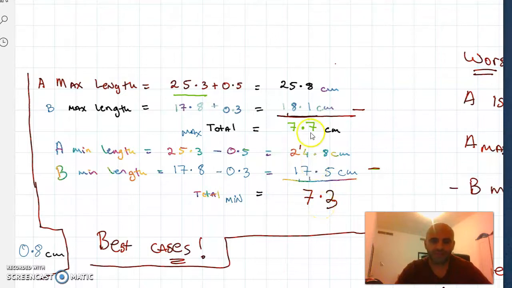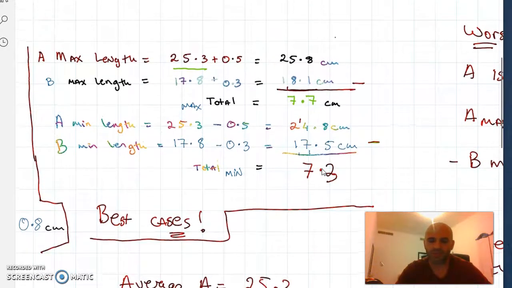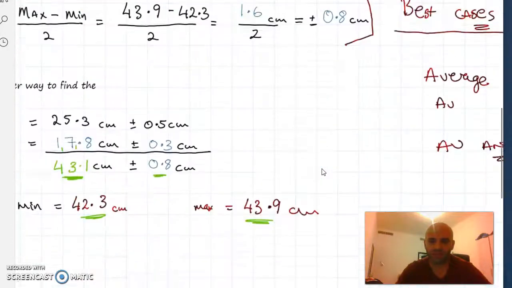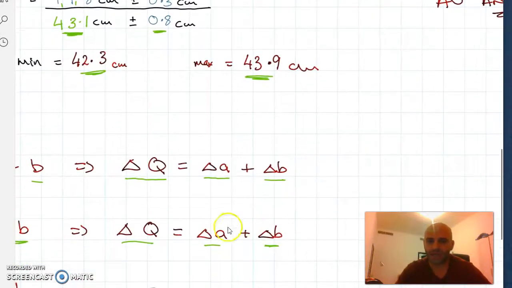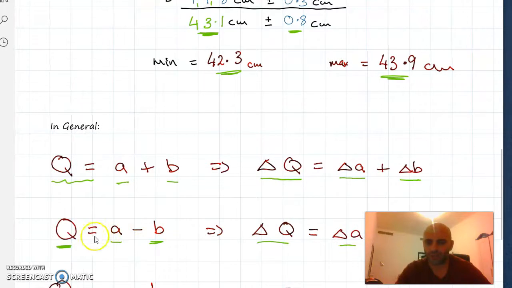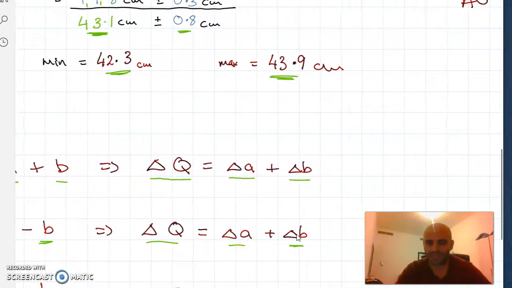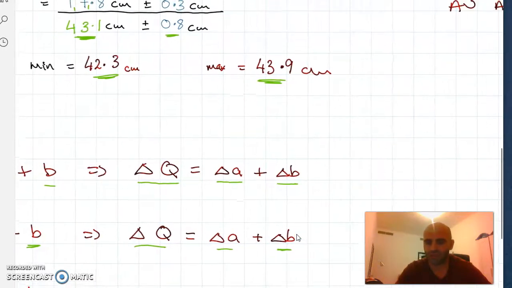Now if you notice, the difference between these two is actually not very much. It's only 0.4 centimeters. That can't be right, because the rule says that when we're subtracting our quantities, we still add the errors. There must be a reason as to why that is.